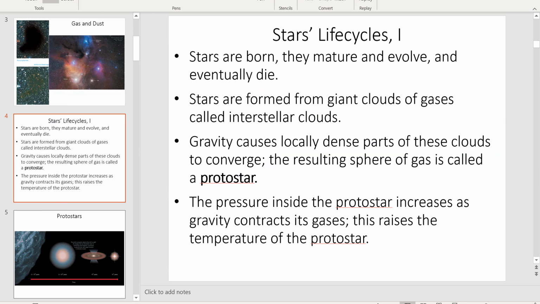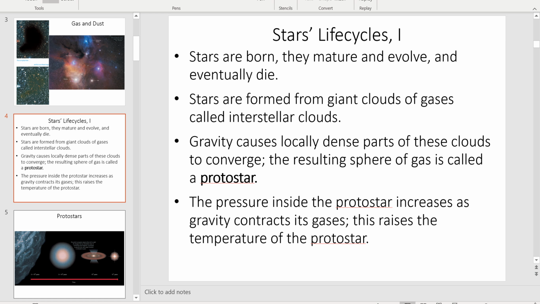Let's talk about how stars are born. Stars have fairly well-defined life cycles. They're born, they mature and evolve, and eventually they die. I mentioned that the basic picture of stellar formation is the same as that of the formation of solar systems.